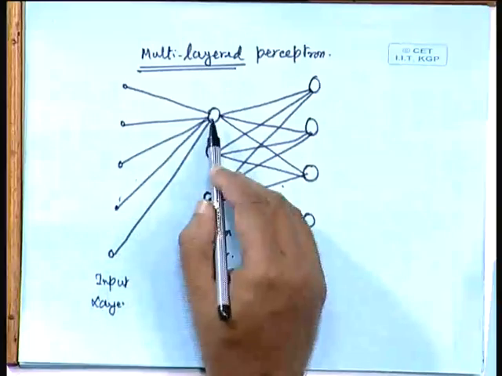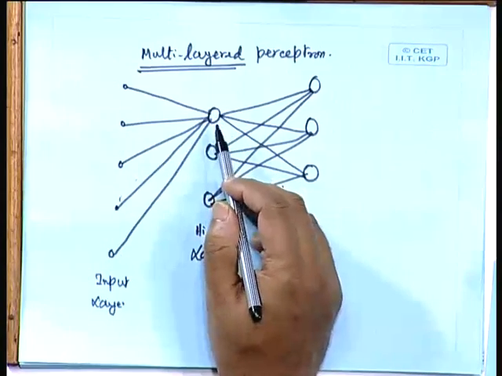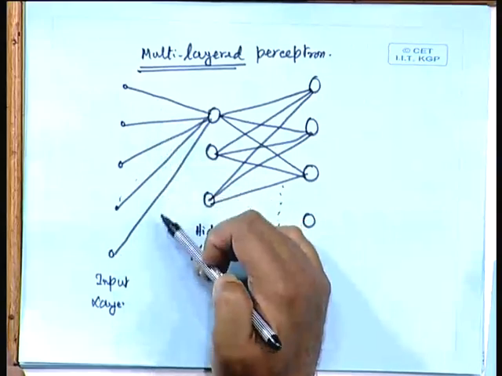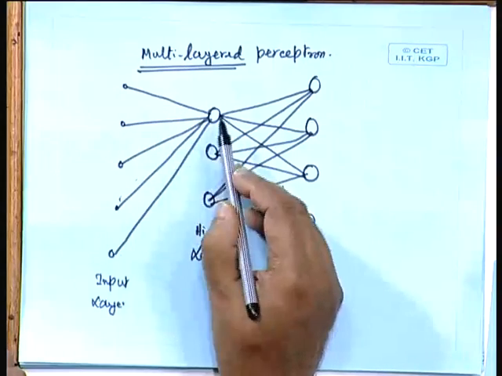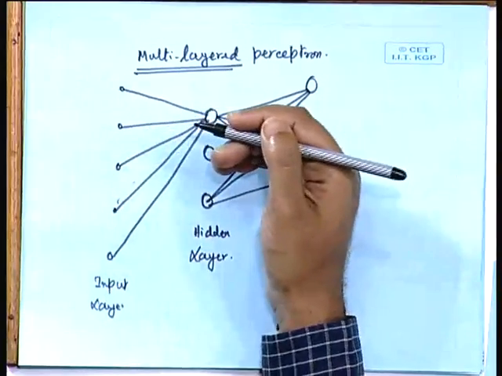In fact, what happens is that this input will have some signals associated with it, and these signals will come to the next layer, in this case the hidden layer. So, there will be some linear weighted inputs that you will get, which we are going to call the induced field, that is to say sigma of Wji xi.